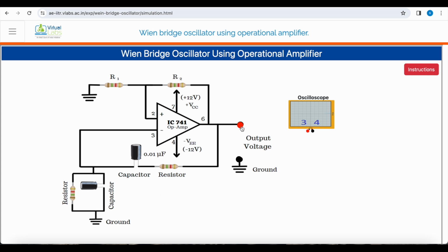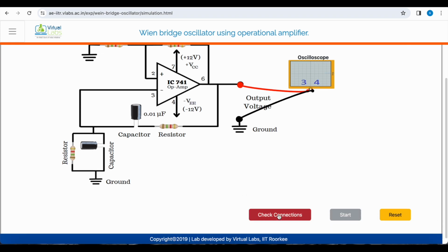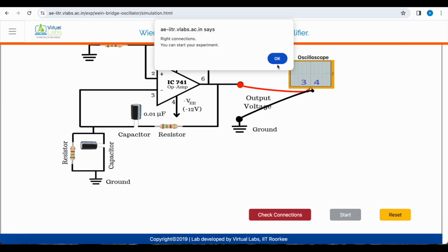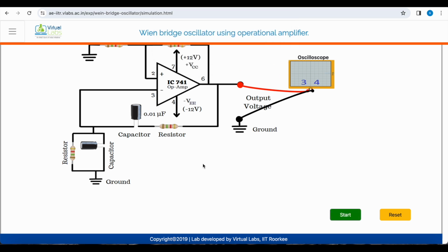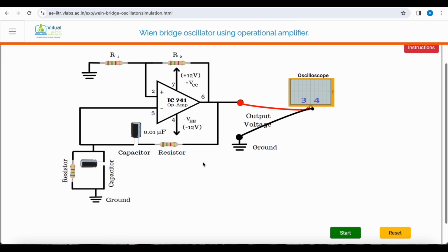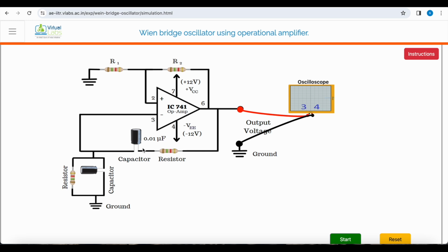We'll do the connections. Output is connected to the oscilloscope. Being an oscillator, we do not need to apply any input signal. We'll just switch on the power. We have checked the connection. Connections are okay. So we have to switch on the power and the circuit will start oscillating. This is the parallel and series RC circuit here, and these two are the additional resistors for feedback.